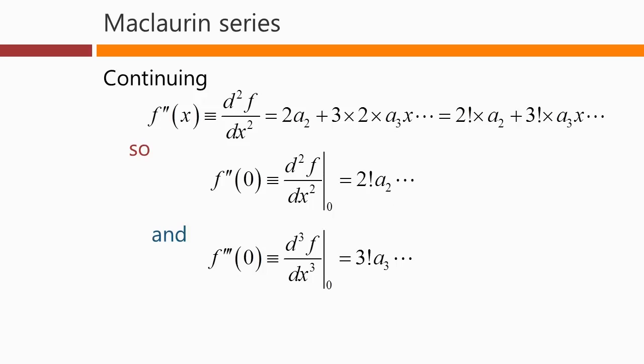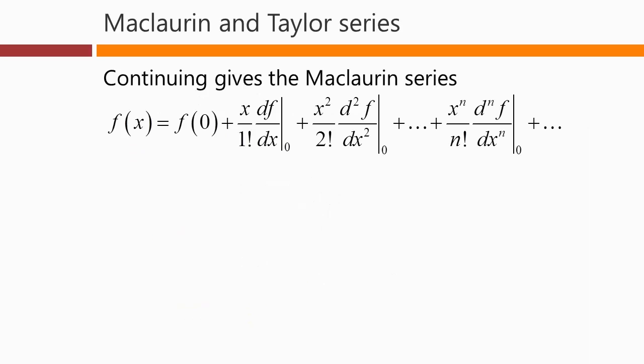And we can carry on like this. If we take the third derivative, we're taking the derivative of all of this expression. This term will disappear because it's just a constant. And we will end up having this term turn into simply 3 factorial a3, and so on. We could keep on going like this. So, continuing with this process, we can deduce what the values of all of these various coefficients are.